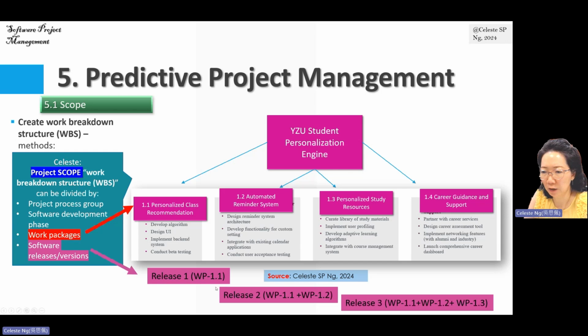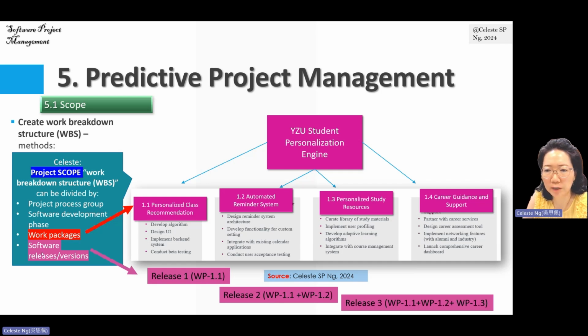And then after the completion of release one or increment one, we are going to break down our work into work package 1.1 plus work package 1.2 and so on.